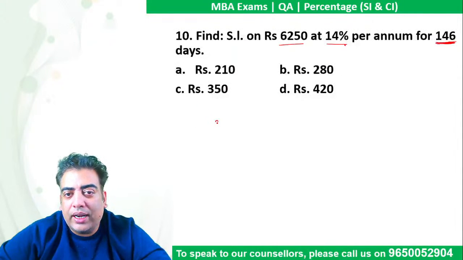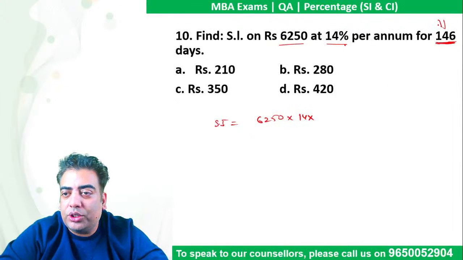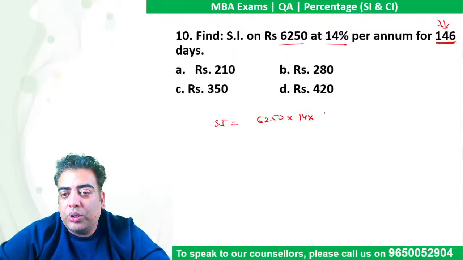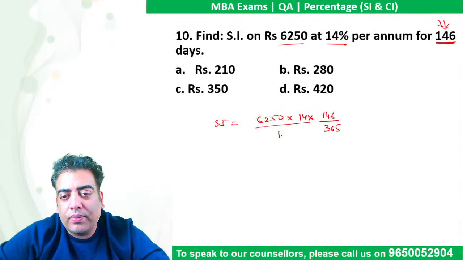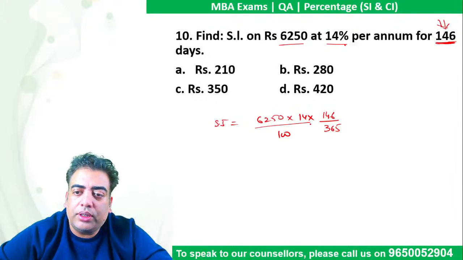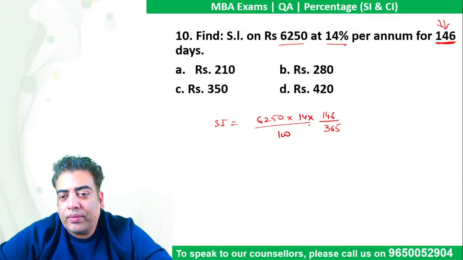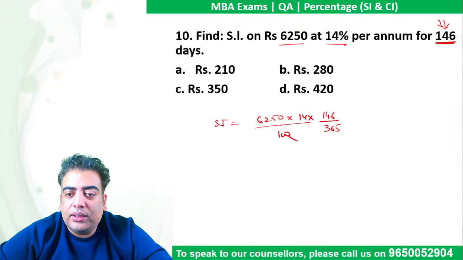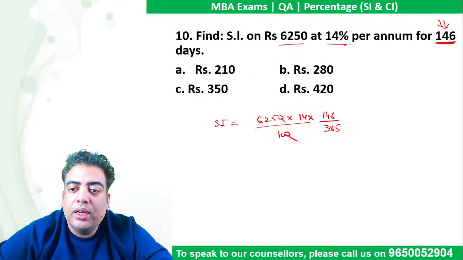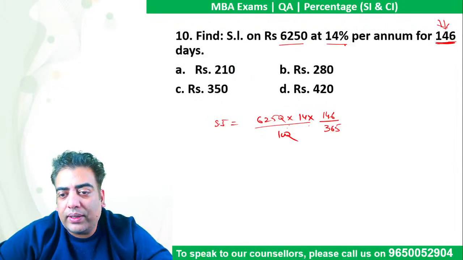So here the interest will be P into R into T, where T should be in years. So this 146 should be divided by 365. So we just need to do the cancellations here, right? So this 10 gets cancelled out here. Now we have to check what can be cancelled out between 146 and 365.